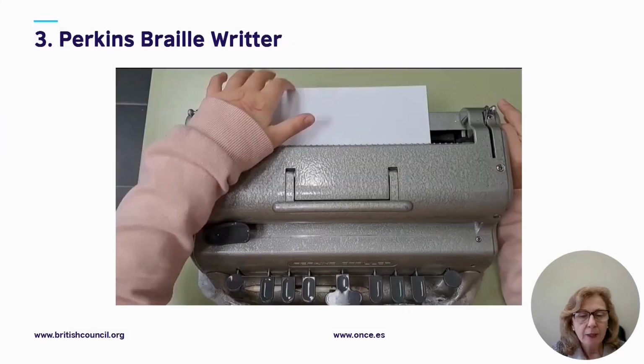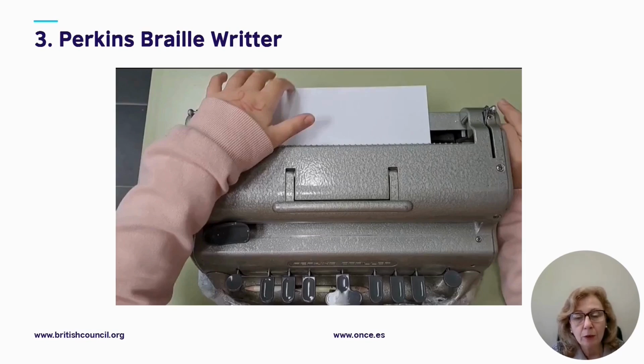This is the Perkins Braille Writer. This is a machine to write in Braille, like we could say handwriting, for students and also for adults, where you can write directly and read what you are writing. It is very quick and effective, but it also makes noise in the class.